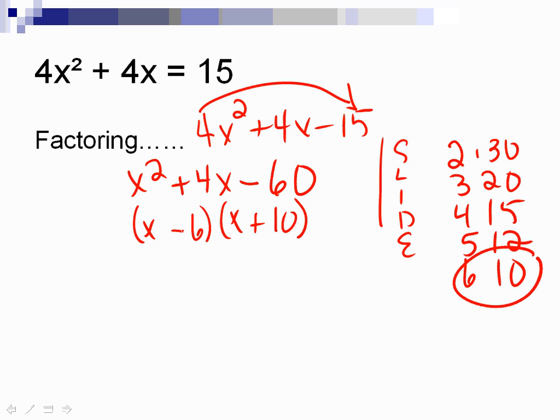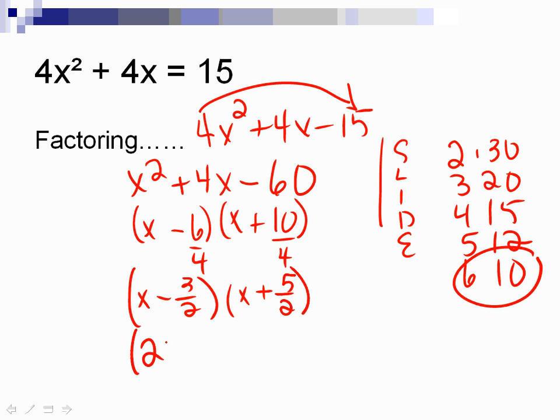Now I have to slide the 4 back under. So put the 4 here and here. So that's x minus, reduce your fraction, 3 over 2. Reduce your fraction, x plus 5 over 2. Then I have to make the factors 2x minus 3.